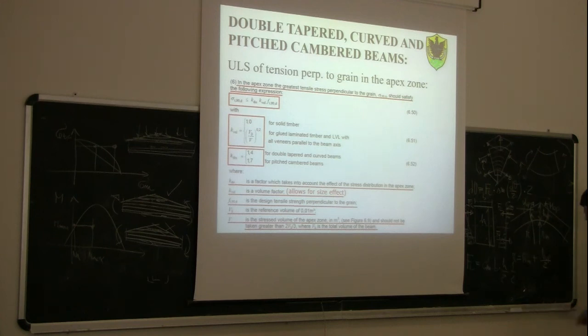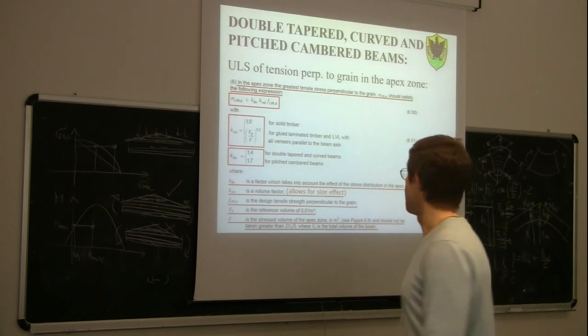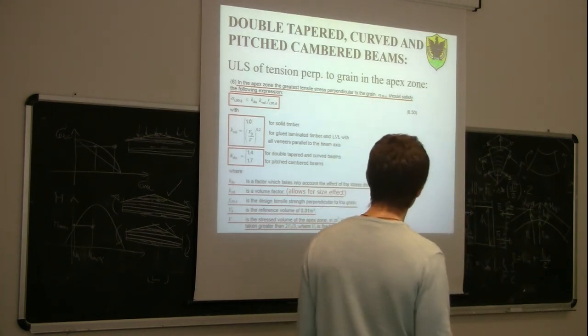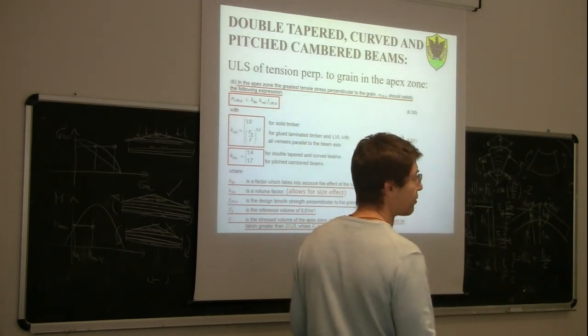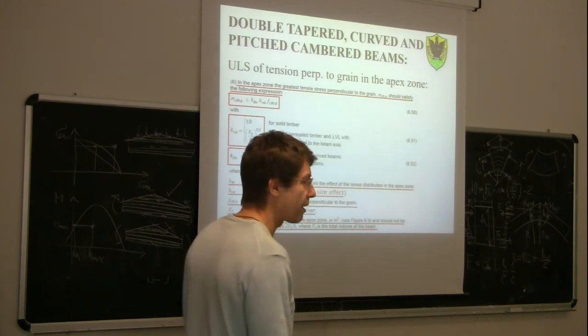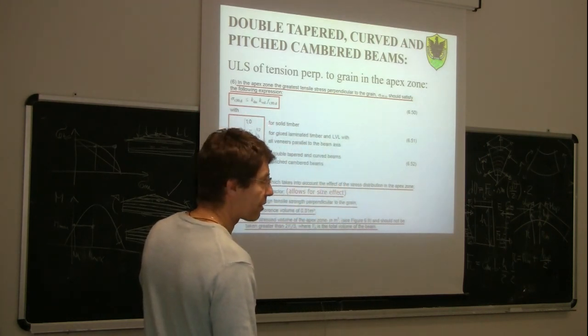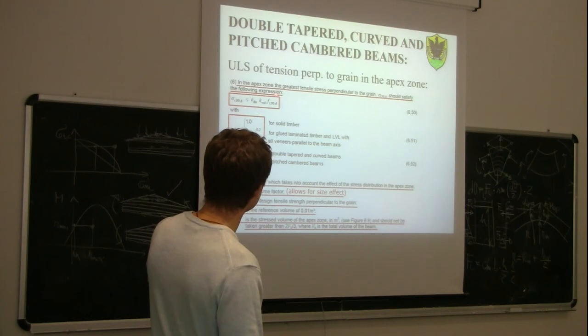Another relationship from the Eurocode is for the ultimate limit state of tension perpendicular to the grain in the apex zone. So we saw that with these kinds of beams, curved beams, pitch camber beams, and double taper beams, we will have some tension perpendicular to the grain. So we need to check the beam for tension perpendicular to the grain using this relationship in the apex zone.